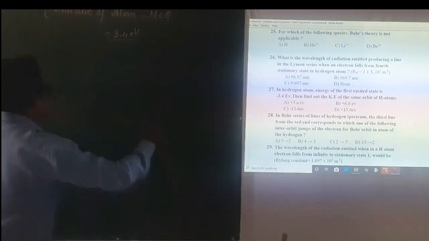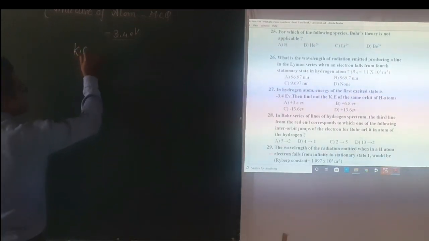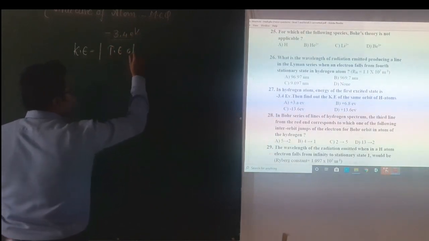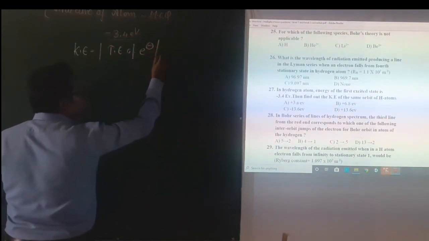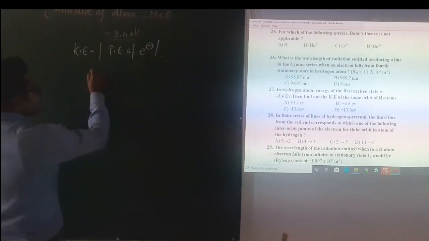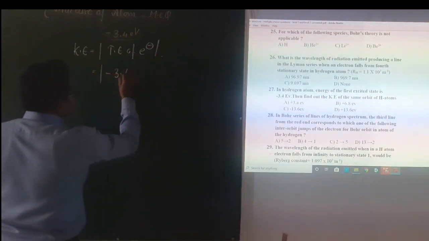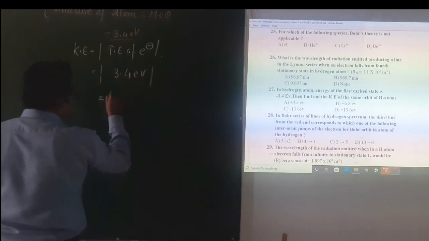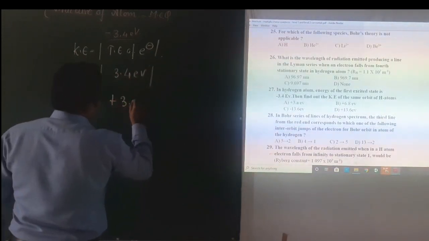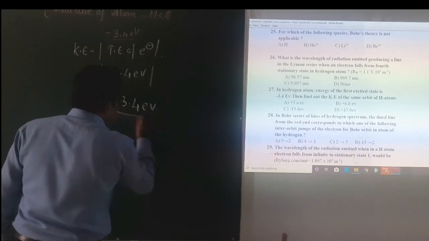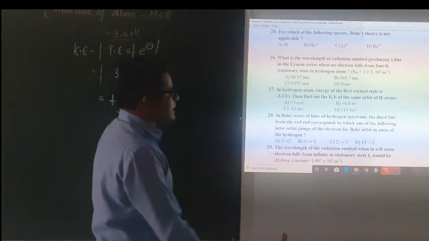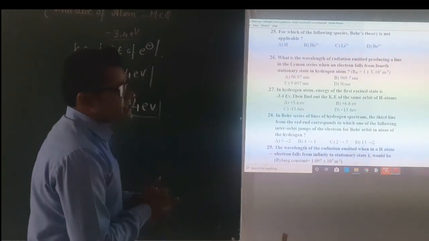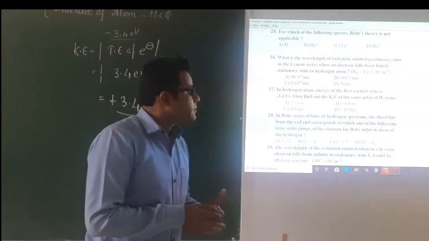Remember that the kinetic energy is equal to the magnitude of the total energy of the electron, which is nothing more than 3.4 electron volts. So the correct answer is 3.4 electron volts, option A.